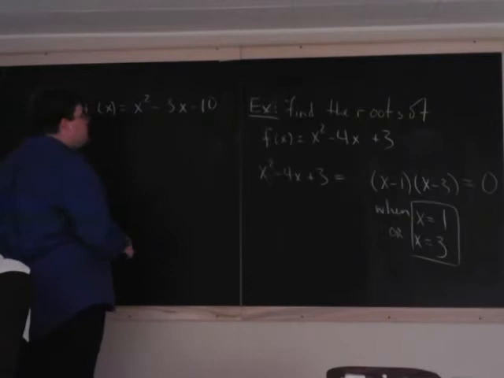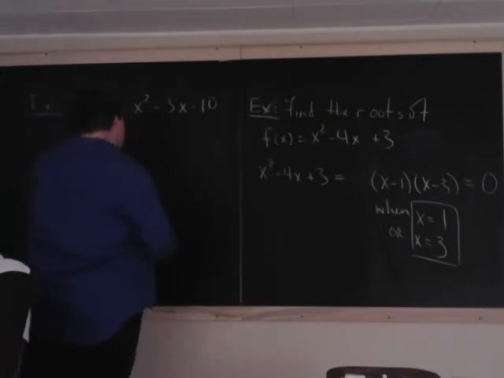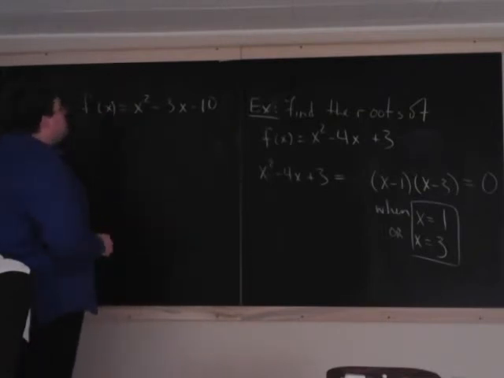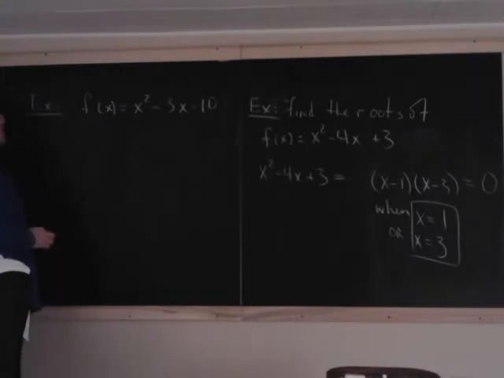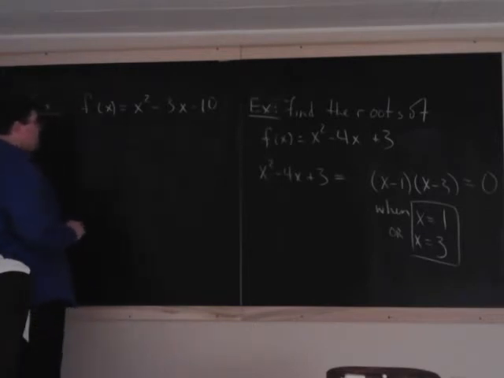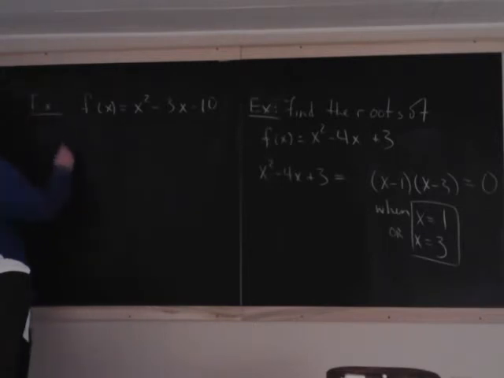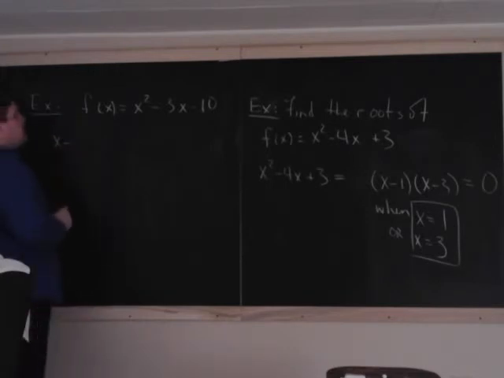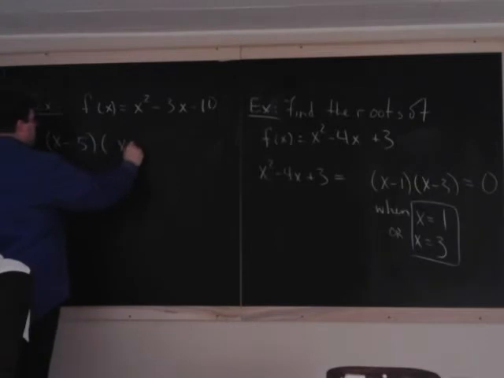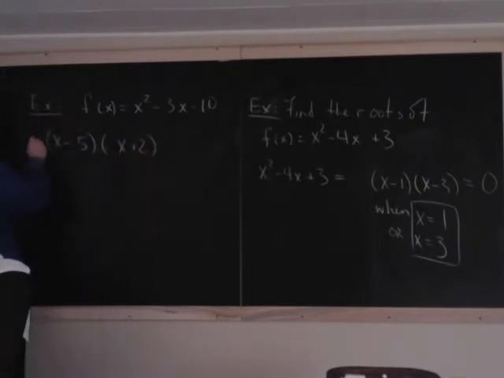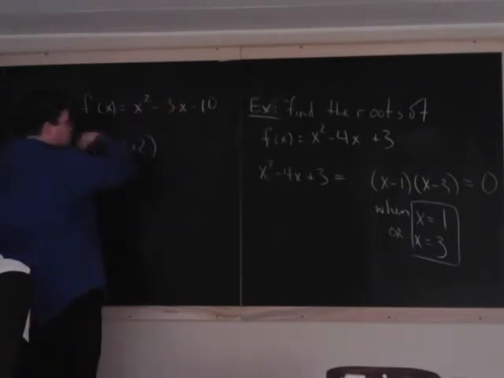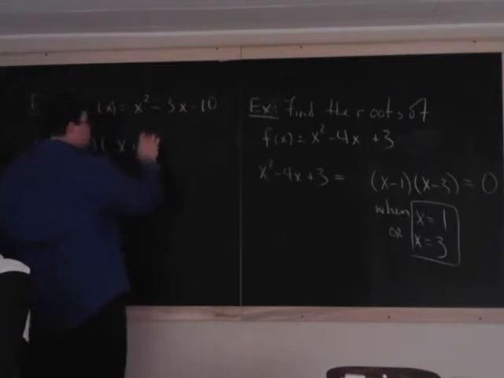So we need numbers that multiply to negative 10 and add to negative 3. So 5 and 2 make 10, 5 and 2 make 3, and one of them will be negative. So we need a negative 5 and a positive 2. Negative 5 and positive 2 make a negative 3.